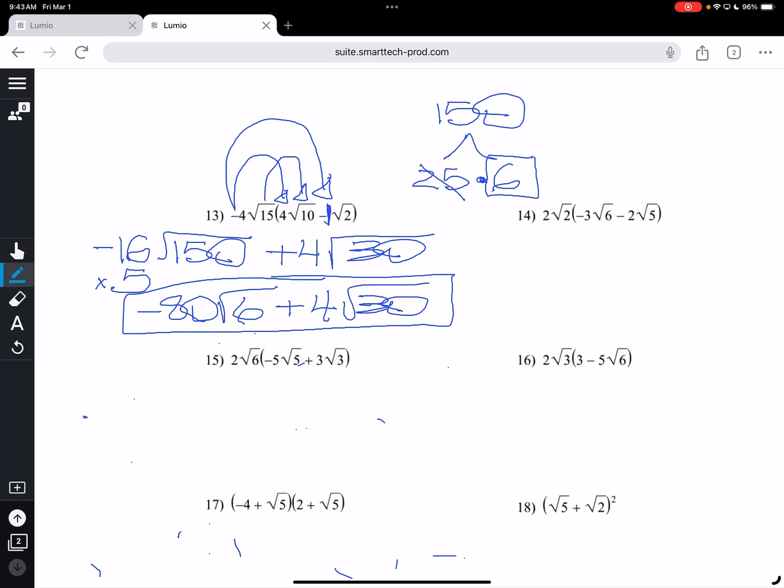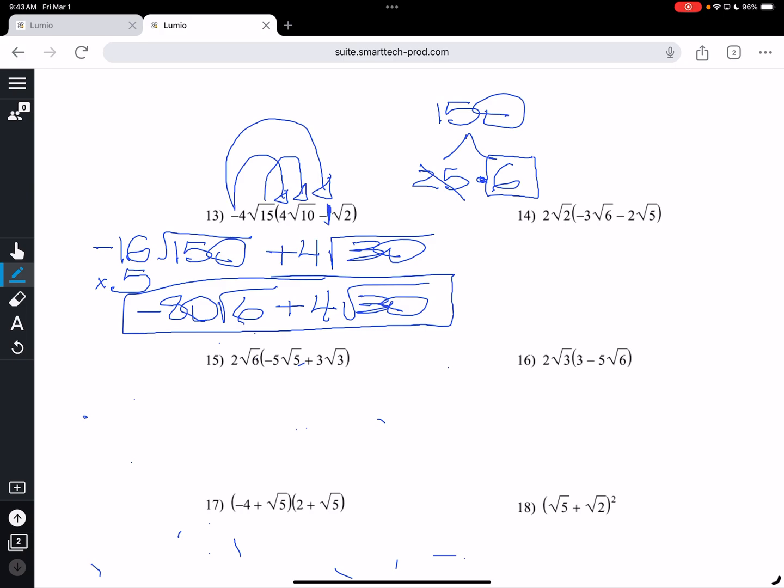Number 15. Distribute your numbers, distribute your radicals. We've already discussed 30, it can't break down. 18 is scary. I know.